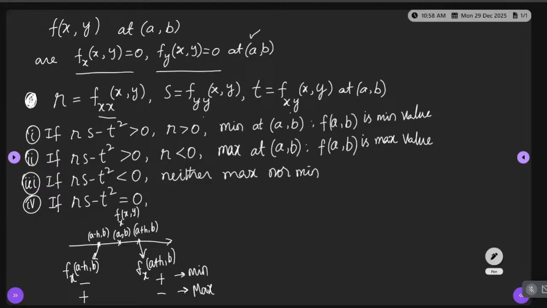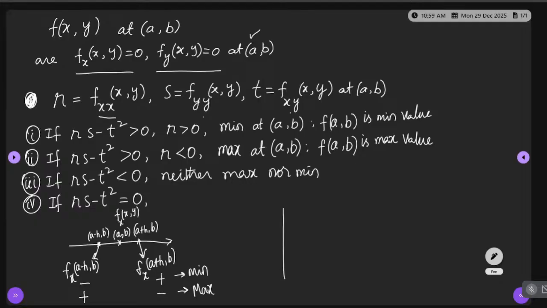If fx of A minus H, B is negative and fx of A plus H, B is positive, then f of xy attains a minimum. Negative to positive will be minima. Positive to negative will be maxima. If it is the x-axis, this is from left to right.